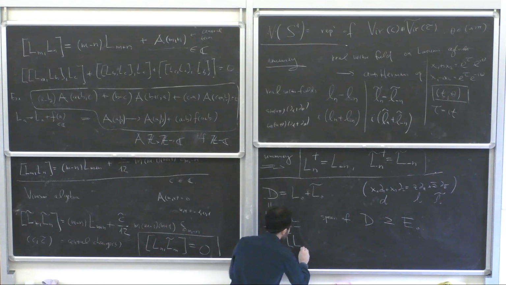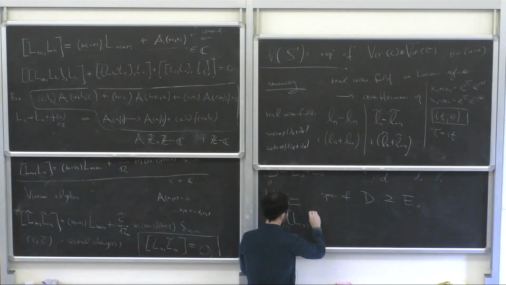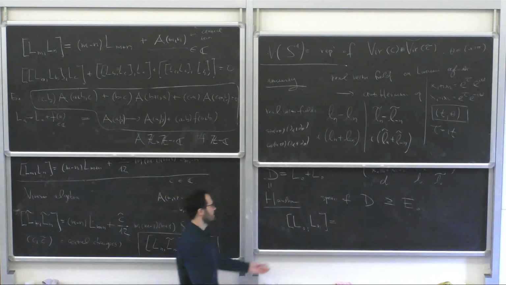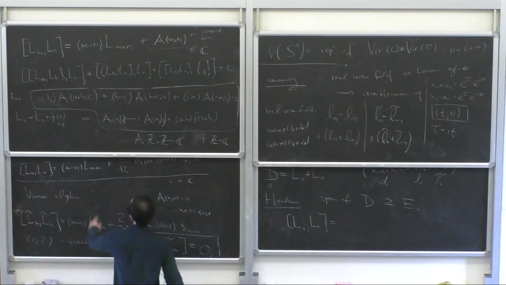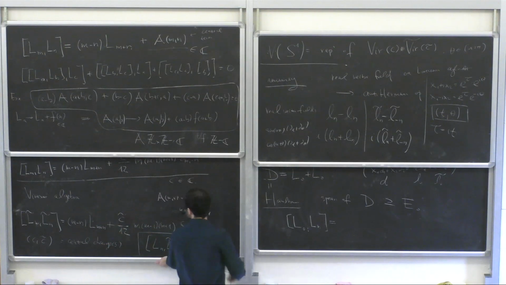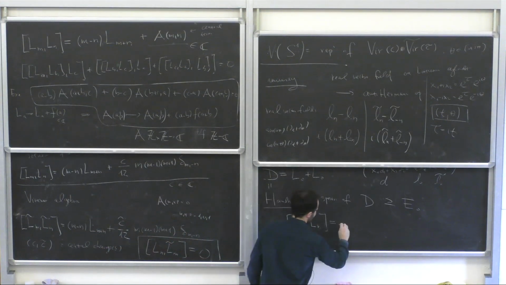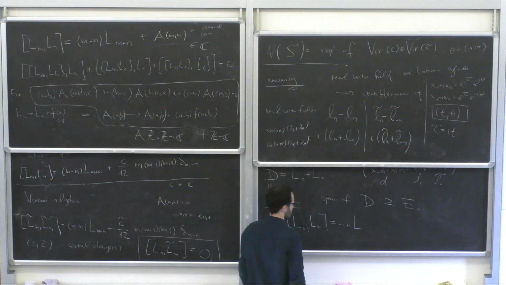Right, so notice that if I take the commutator of L0 with Ln, from over here I get minus n Ln.